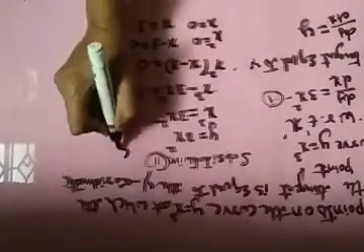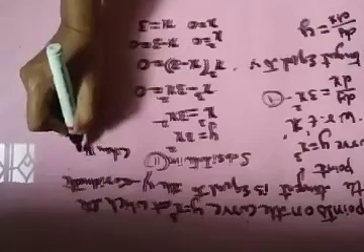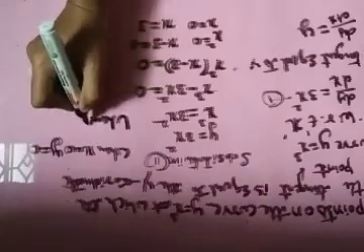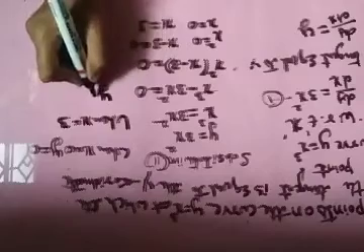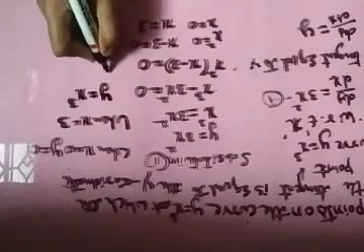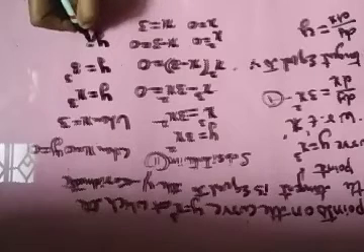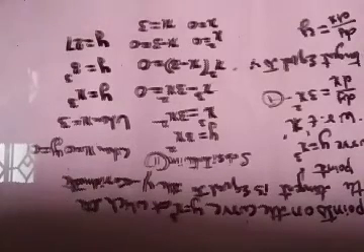If x is equal to 3, then what will be the y? When x is equal to 0, y is equal to 0. When x is equal to 3, y is equal to x cube, y is equal to 3 cube. So y is equal to 27. Here we have to find the points, isn't it?